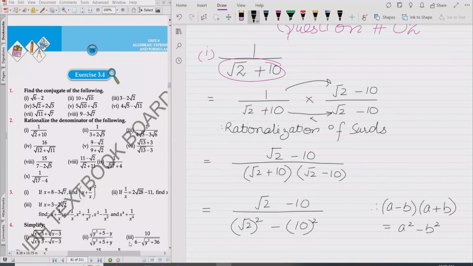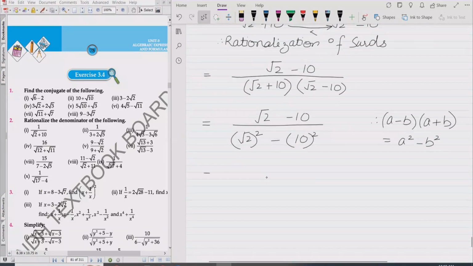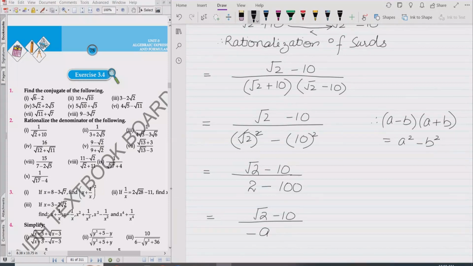After that we get root 2 minus 10 upon 2 minus 100, because the radical sign cancels with the square, and 10 times 10 is 100. So we get minus 98. This is the answer of this question.